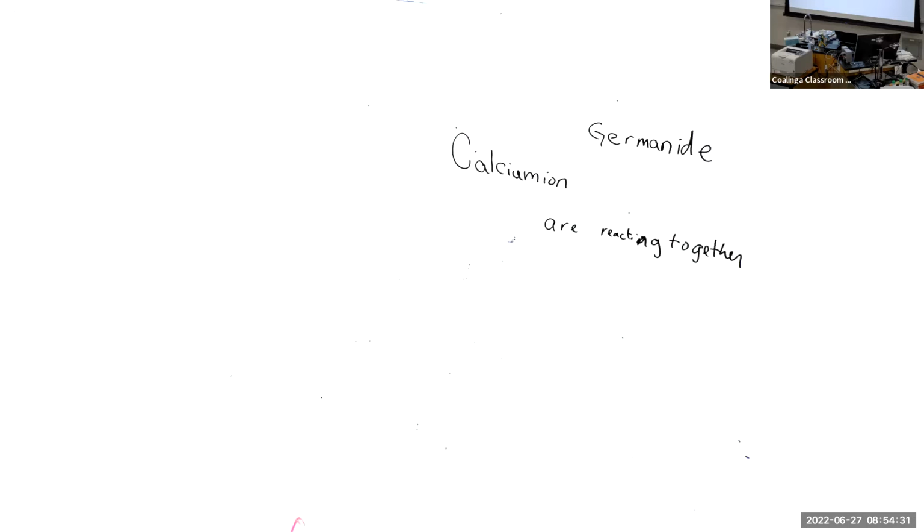Now, germanium, is that a metal, non-metal? Post-transition metal, transition metal? It's a metalloid. So what did we say about metalloids? It can have the properties of a metal or a non-metal, right?